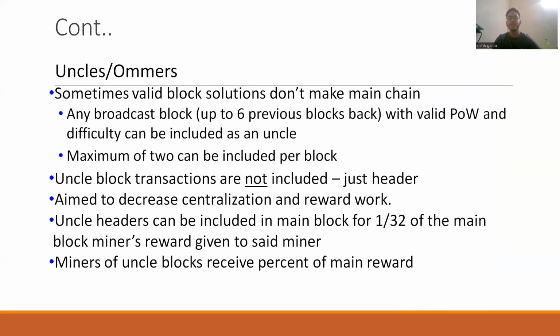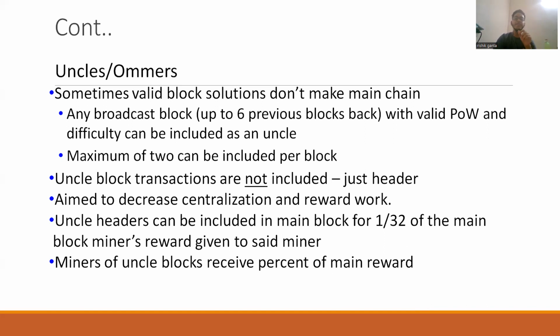Uncles or Ommers. Sometimes valid block solutions don't make it to the blockchain. Any broadcast block up to 6 previous blocks back with a valid proof of work and difficulty can be included as an uncle. A maximum of 2 uncles can be included per block. Uncle block transactions are not included and just their header is included in the block.